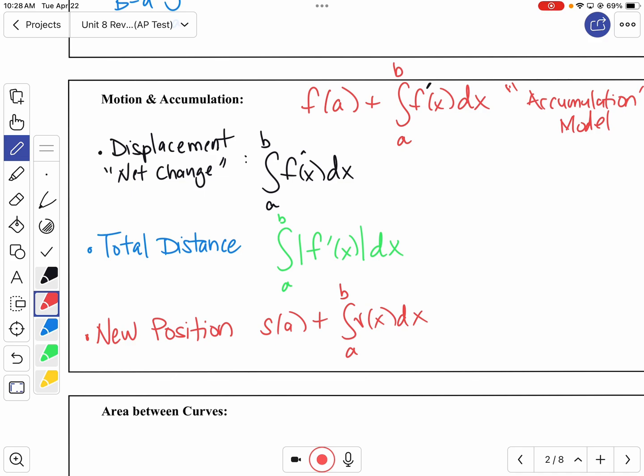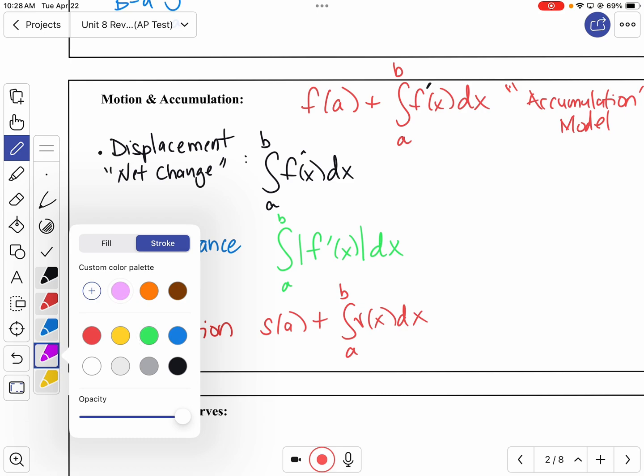And then if we're looking for new position, if we're doing motion, we take our starting position plus the integral from a to b of our velocity, which is the derivative of position. Okay, so all of that plays into that accumulation model that we've used before.